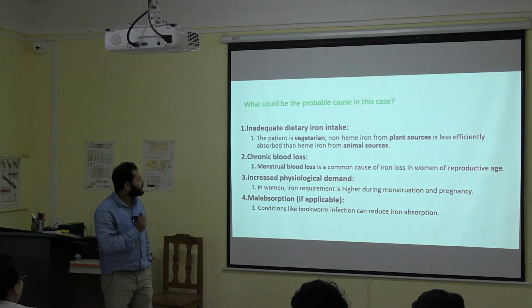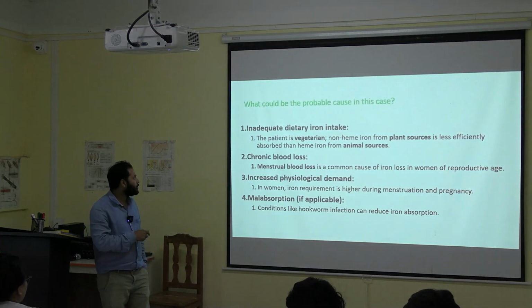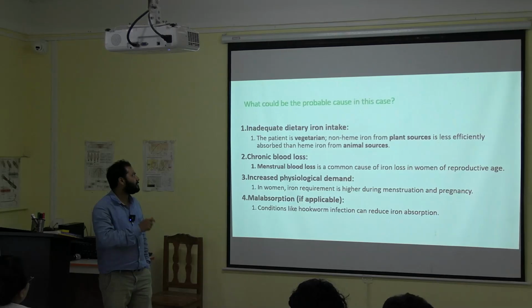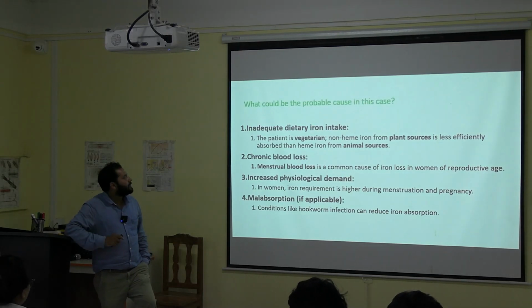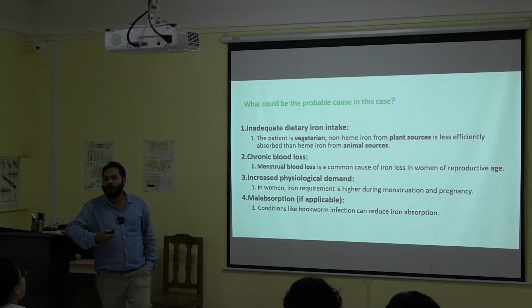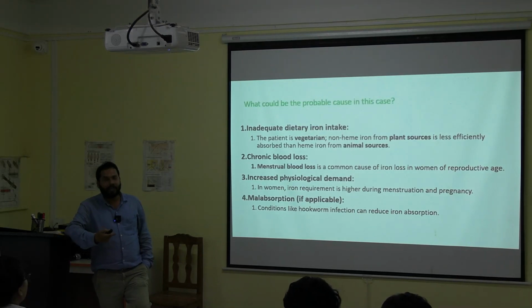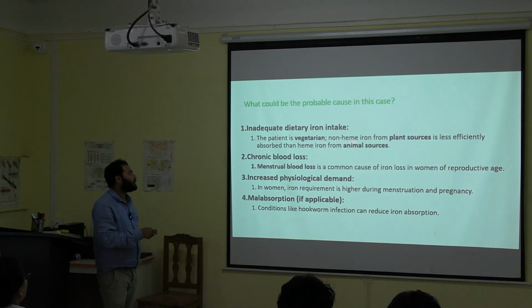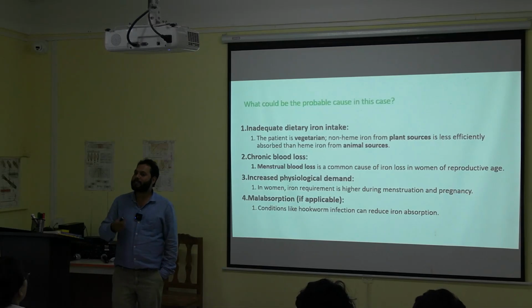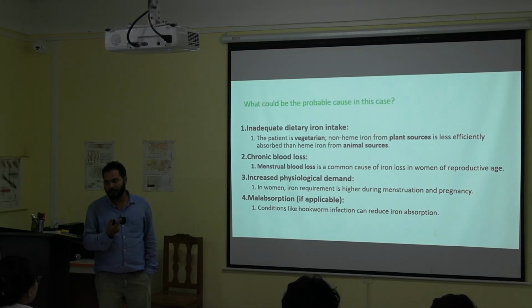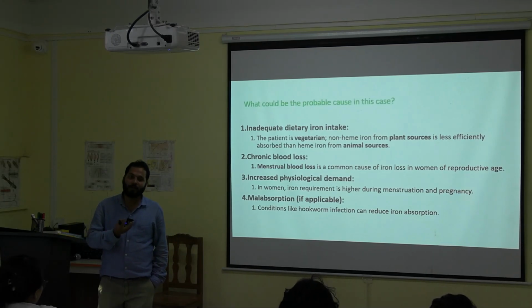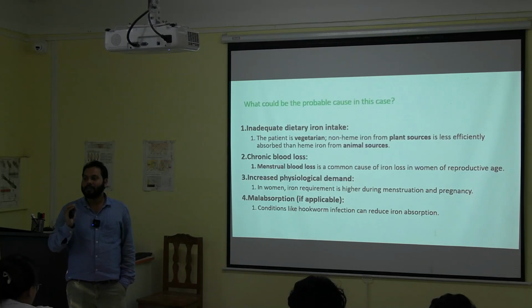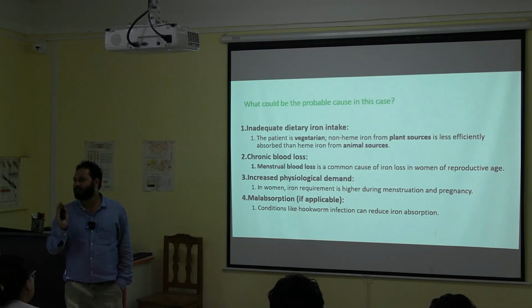Now see, in the first case, as we have already mentioned, the person is vegetarian. It means in comparison to heme, the non-heme iron content is much more in vegetarian diets, right? But for the formation of blood hemoglobin, the heme content is very vital.